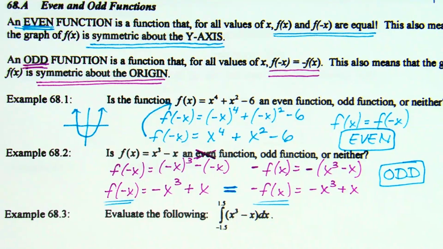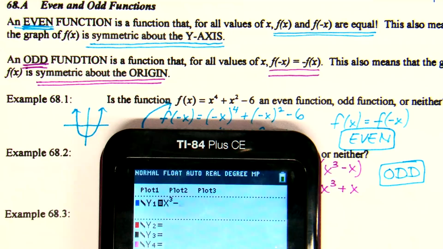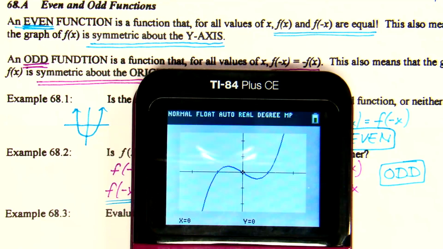If I graph this, and again, I'm not saying you have to verify graphically, but for me it's a good connection. And I'm actually going to zoom that in a little bit so you can see it a little better. Does this make sense to say it's symmetric across the origin?